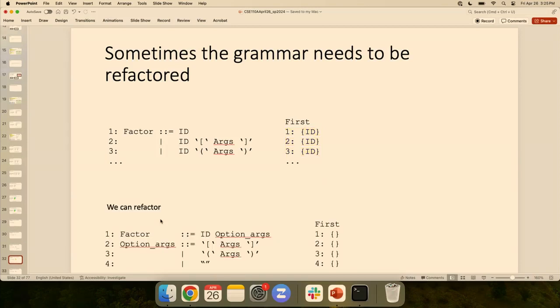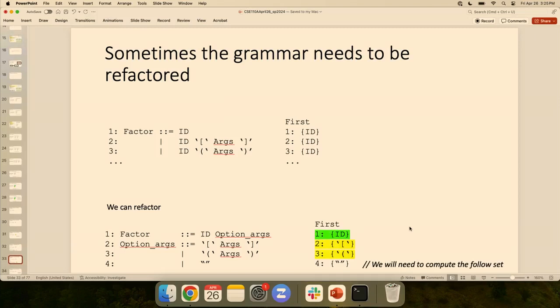That means in a top-down parser, you're not going to be able to tell which rule to pick. What you can do is refactor the grammar. For example, you might have a factor, which is an ID, and then you might make a new non-terminal called optional args. That optional args could have an open bracket for array indexing with square braces, or a function call with parentheses.